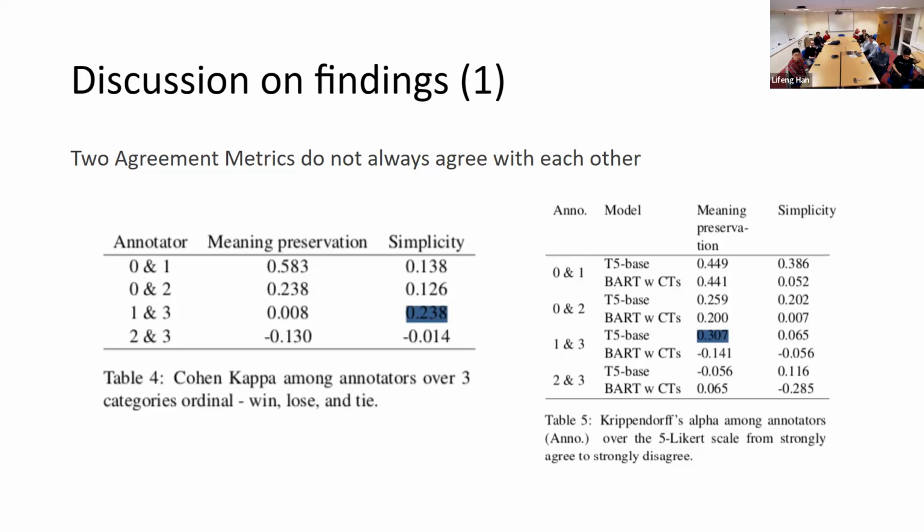Instead, Krippendorff's alpha shows agreement on meaning preservation between 1 and 3. So that is the opposite between these two agreement matrices. We think these two matrices actually do not agree with each other in some situations.